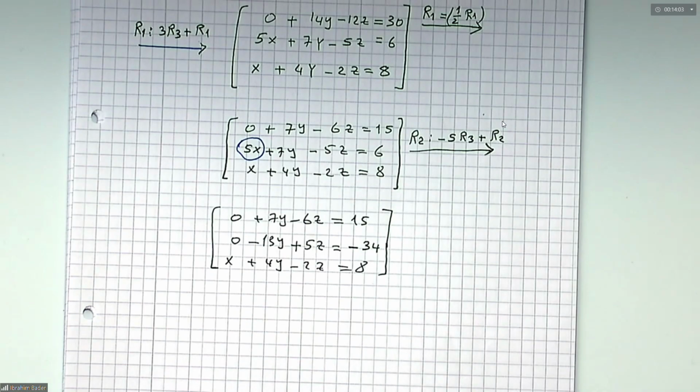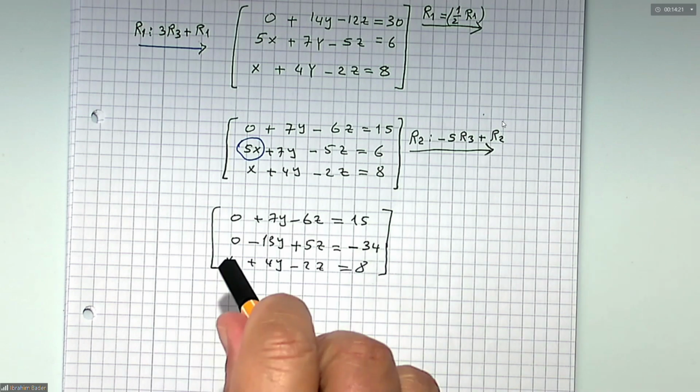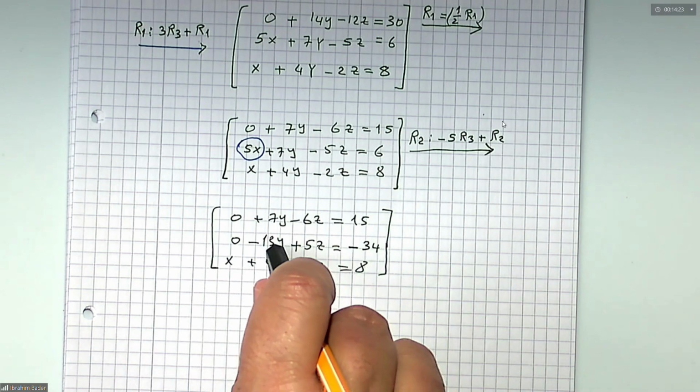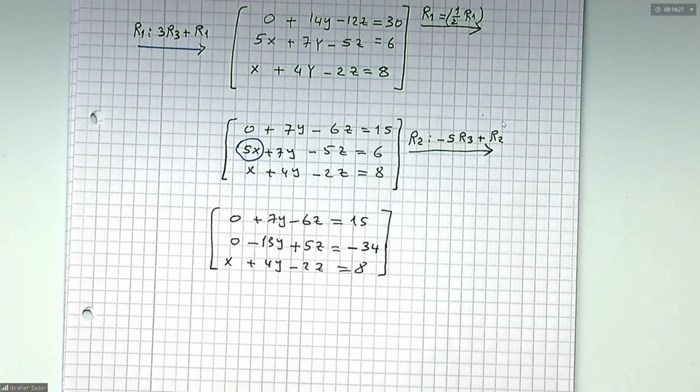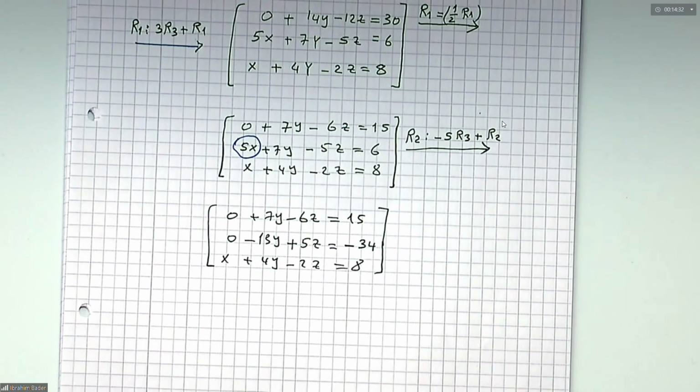Okay, now the next step, I'm just going to simplify this one. You see here you have 13. If you multiply the 7 with 2, you'll be getting 14. So in this step, I'm just simplifying rather than eliminating anything.